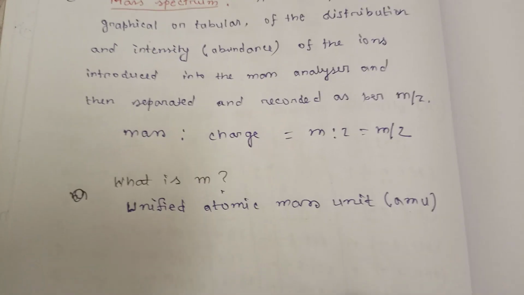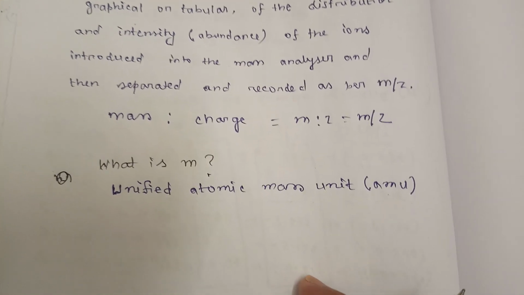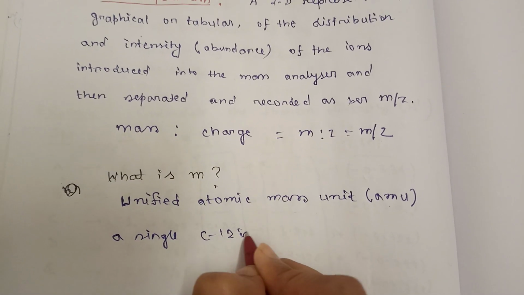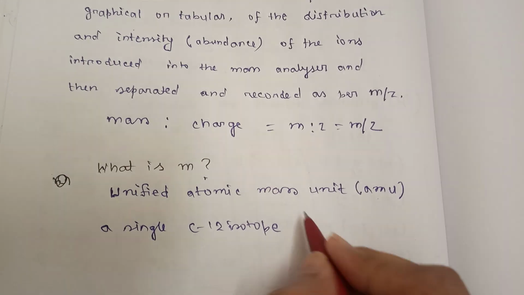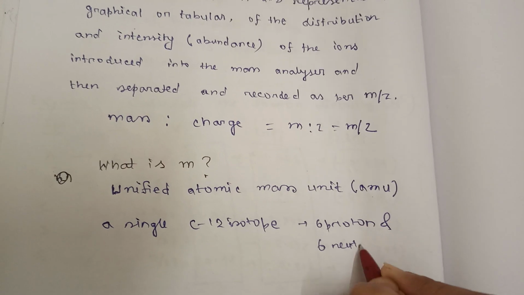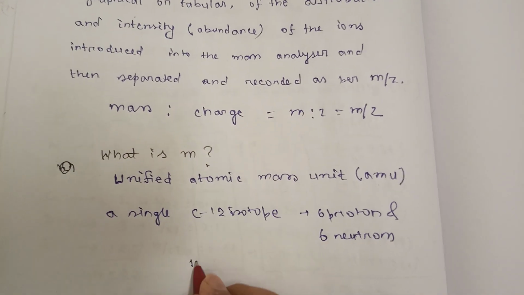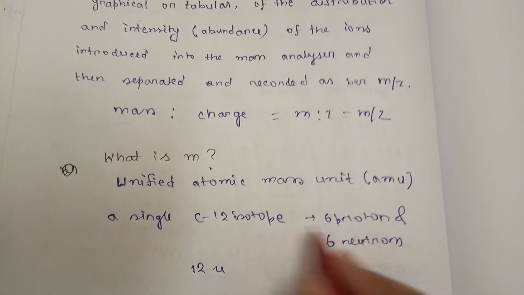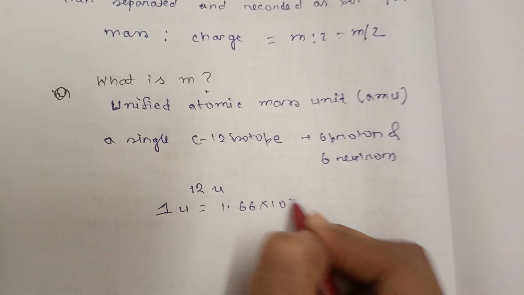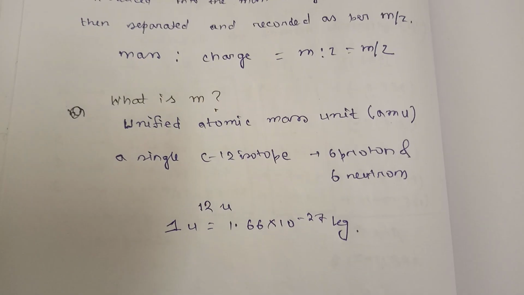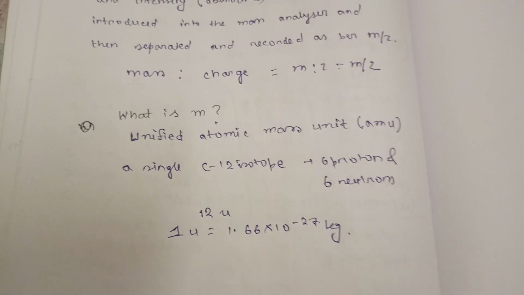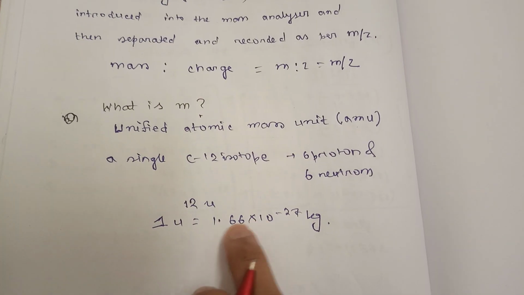You can say that a dimensionless number that will be defined so that a single C12 isotope that will contain 6 protons and 6 neutrons has a mass of exactly 12 U. 1 U means 1.66 times 10 to the power minus 27 kg.